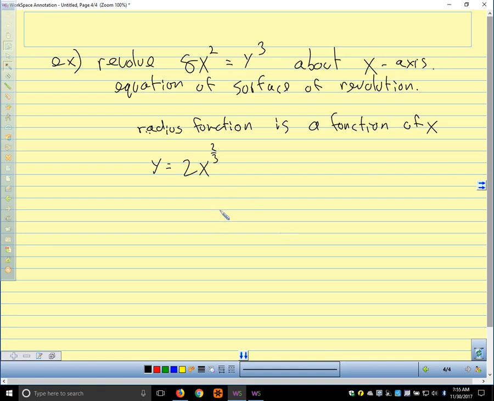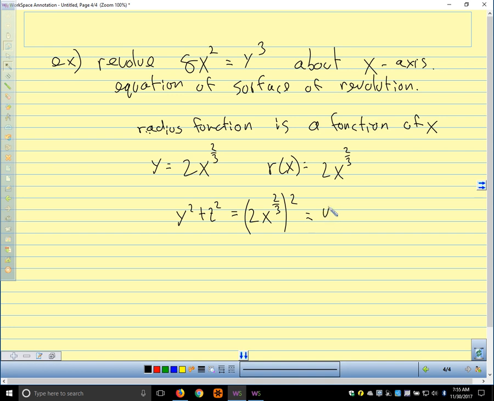So then that's going to be our radius function. R of x is 2x to the 2/3. And our surface of revolution, y squared plus z squared equals 2x to the 2/3 squared.